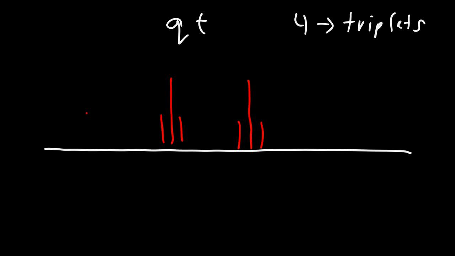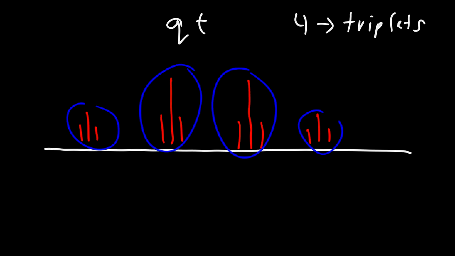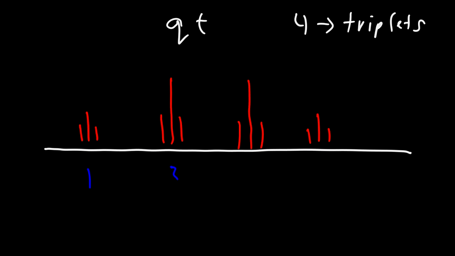And then here is the third triplet, which is smaller, and then the fourth triplet. So we have 4 triplets, and the ratio of the areas of those triplets will be in a 1-to-3 to 3-to-1 ratio, which corresponds to a quartet. So that is a quartet of triplets. That's how it looks.